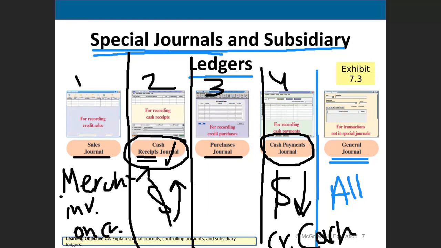So any sale of merchandise inventory on credit will go to the sales journal. I emphasize on this point, on credit. Okay, sales of merchandise inventory, but on credit.